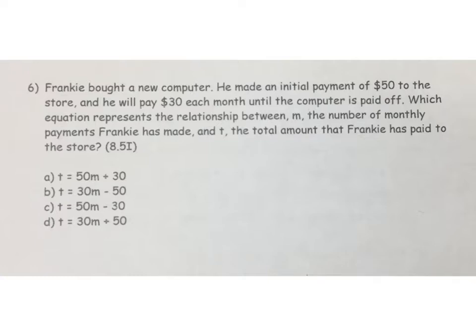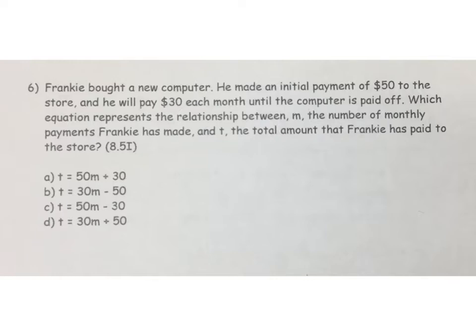Number 6. Frankie bought a new computer. He made an initial payment of $50 to the store, and he will pay $30 each month until the computer is paid off. Which equation represents the relationship between M, the number of monthly payments Frankie has made, and T, the total amount that Frankie has paid to the store?